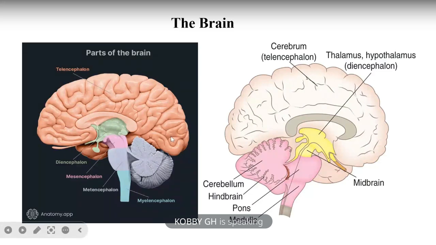And all this part is what we call the brain stem. From here, coming down to this part, that's what we call the brain stem. Is that okay?